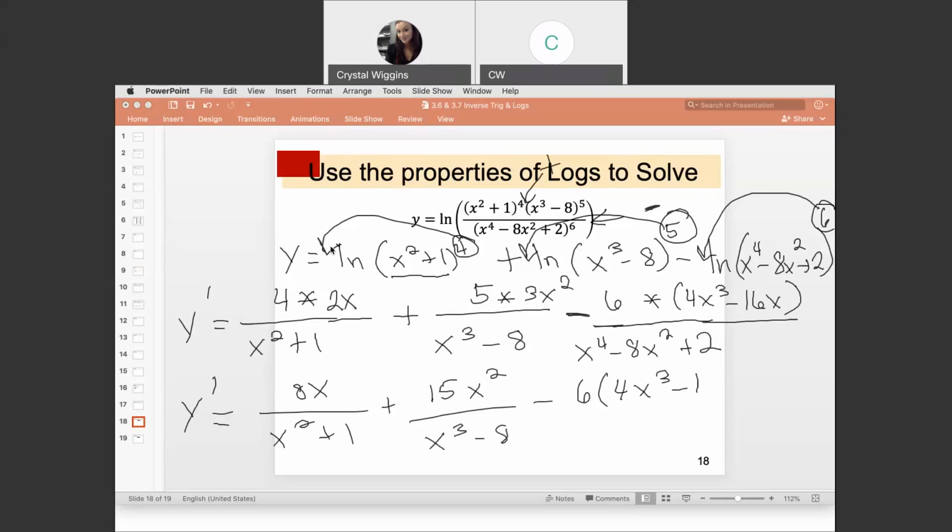It's not necessary. The other ones were different because they were just regular constants or coefficients being multiplied, so it made sense to multiply them. Ooh, that was an ugly line. And we just write this bottom function, x to the 4th minus 8x squared plus 2. Okay, and that would be the derivative made much easier by applying log properties.